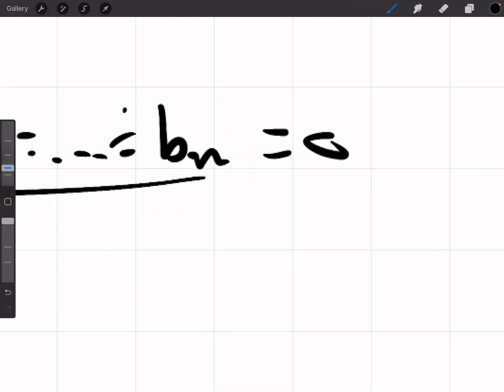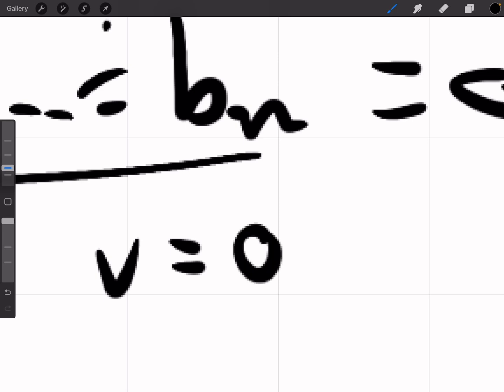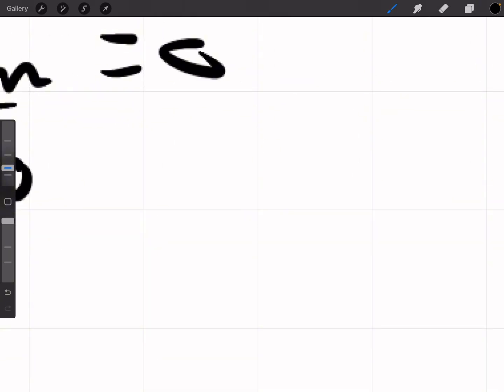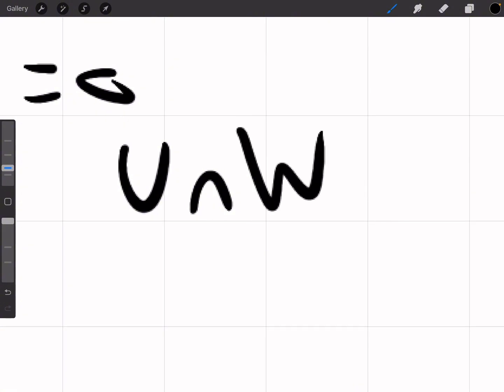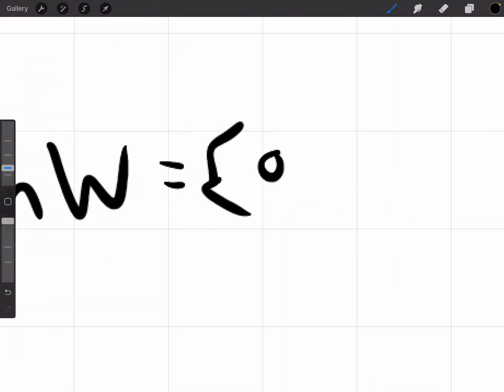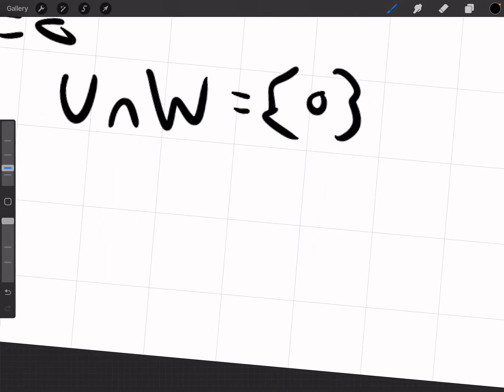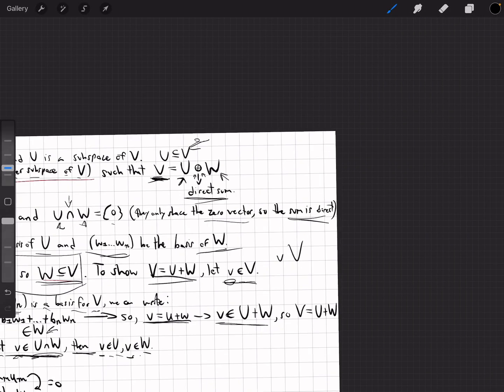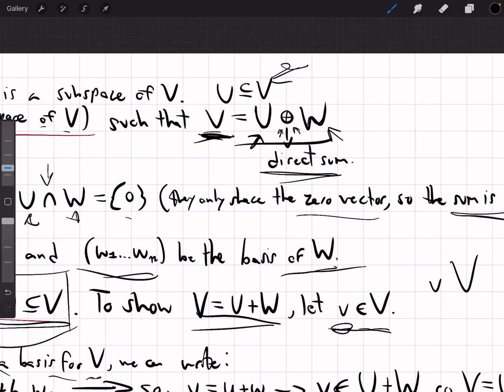Is equal to 0, that's probably the most important part. The scalars have to be equal to 0, which means V is equal to 0, which means U intersection W is equal to the 0 vector, okay? And so now we have proven this. We have proven that V is a direct sum of capital U and capital W.